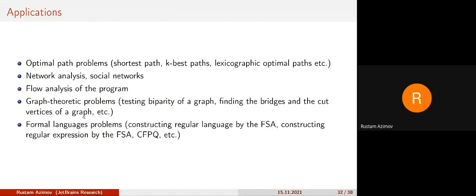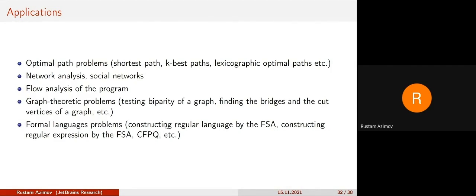And this problem of finding bridges and cut vertices is also related to network analysis, because these bridges and cut vertices are important or weak points in the network.